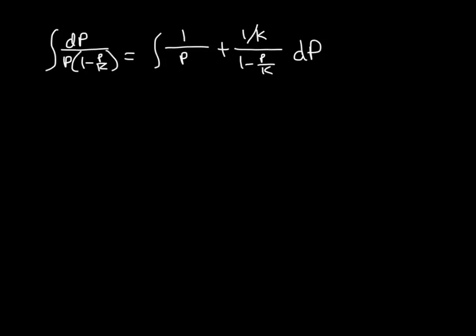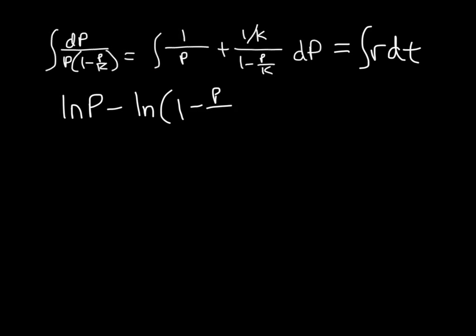And here we can bring back in the right-hand side. We had that equal to the integral of r dt. Now we can take the integral of this side pretty easily. That'll be the ln of P minus the ln of (1 minus P over K). And that equals rt plus C.